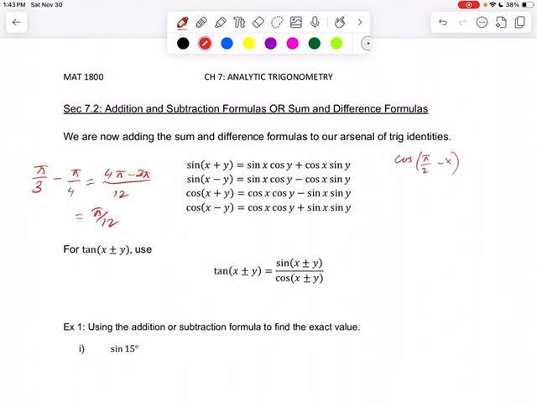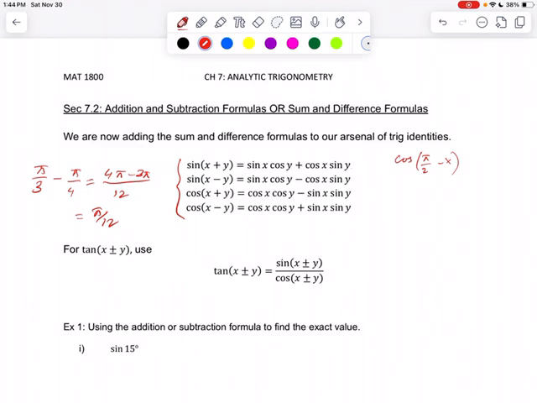So notice here, these you have to memorize. There are 4 of them, 2 for sine and 2 for cosine. Try to look at the pattern and remember them as a pattern. Sine of x plus y is equal to sine of x times cosine of y plus cosine of x times sine of y.